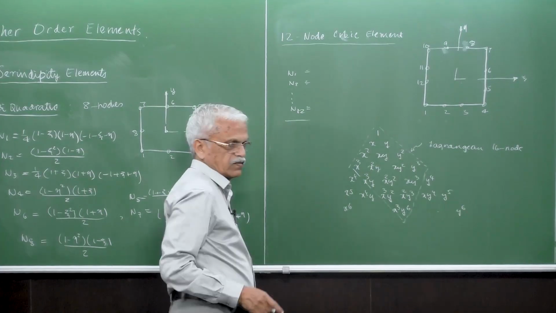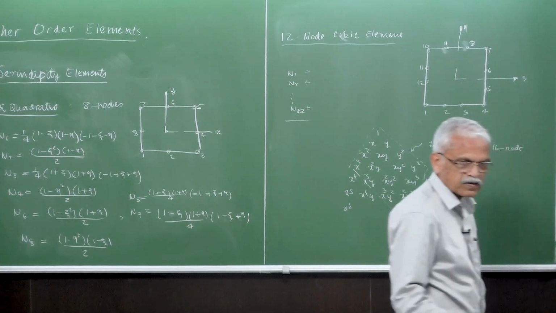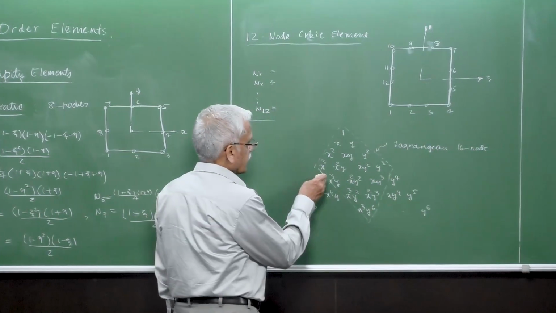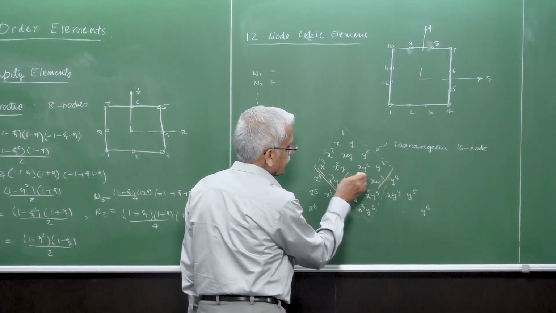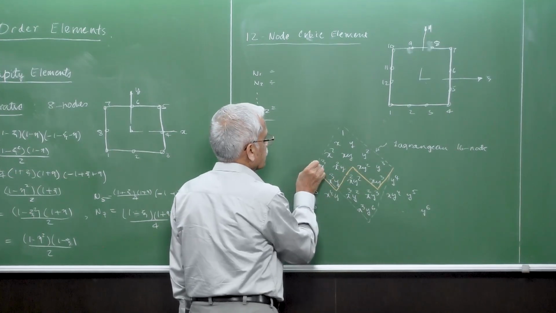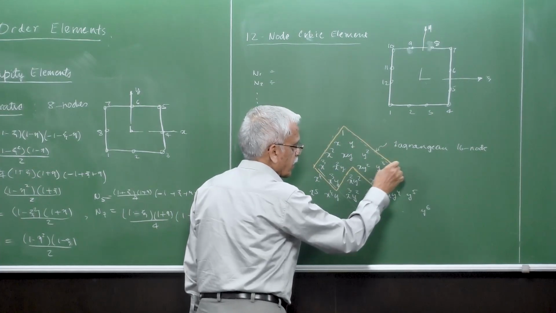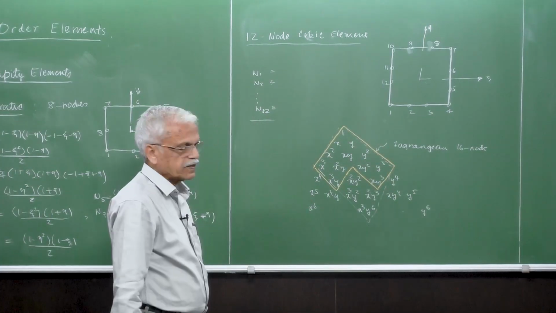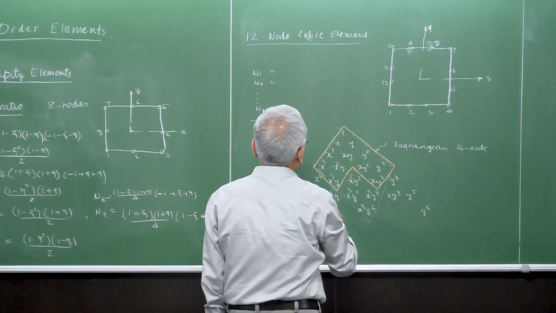Whereas in this case, what we have here is that there are only 12 terms. And what are those 12 terms? So those 12 terms are these, which are enclosed by. So these are the 12 terms that are present.